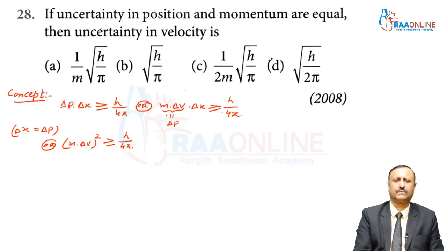Now when you put in delta V only, and m is not squared here.